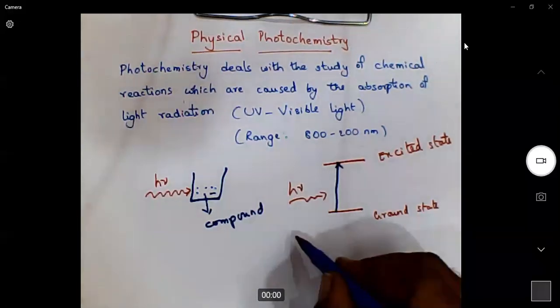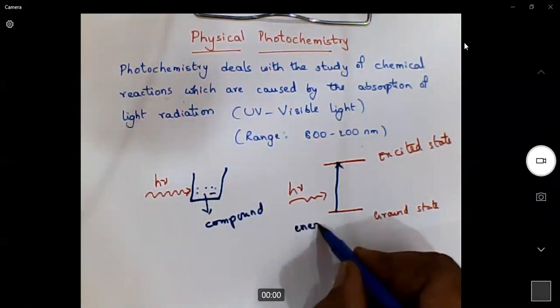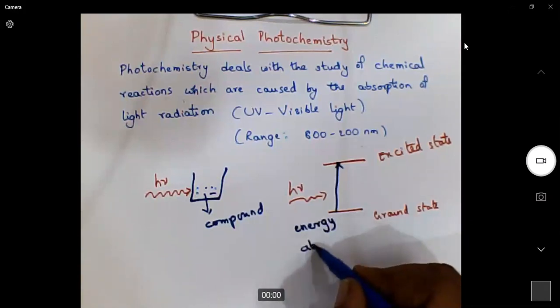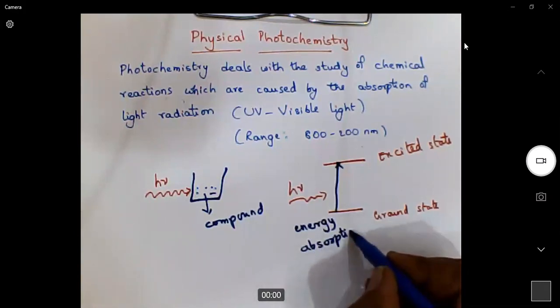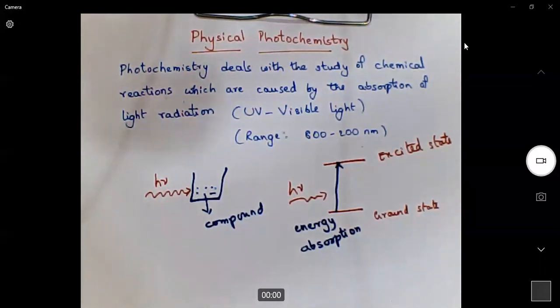This is what is called energy absorption. Because of this energy absorption, a chemical reaction will occur under the influence of UV visible light. So energy absorption is the most important process for a photochemical reaction.